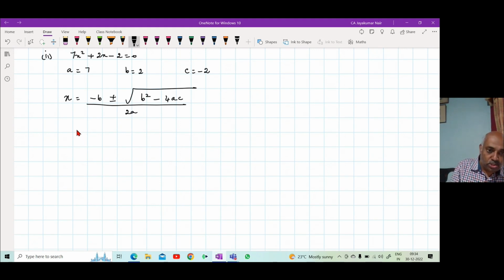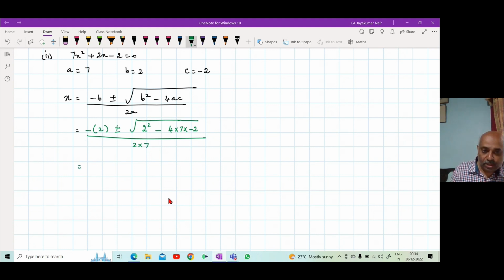So we are going to substitute the values. Minus b, that means minus 2, plus or minus root of 2 squared minus 4 into 7 into minus 2, whole divided by 2 into 7.